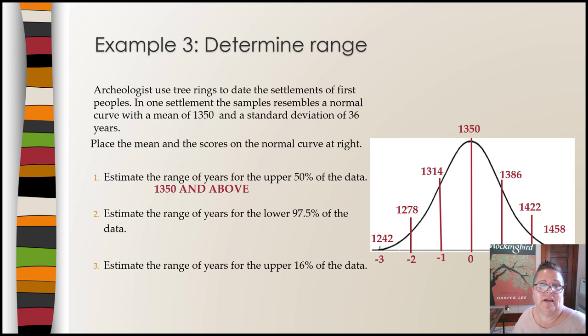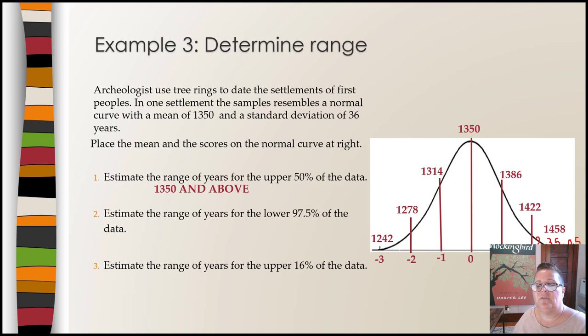What if we had to find the lower 97.5% of the data? Well, this one's a little bit trickier because at lower 97.5%, we're asking you to leave out the top 2.5%. So do you recognize that top 2.5% would be everything? Because remember, this is 2.35 and this is 0.15.